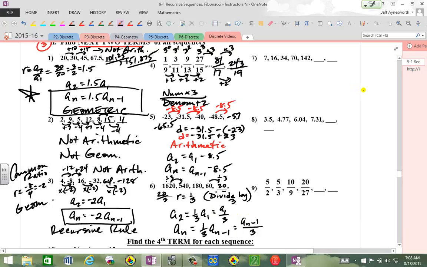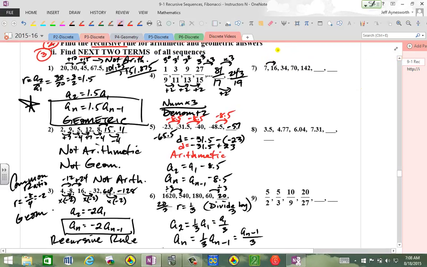All right, number 7. I'm going to think addition first, so I'm going to see if it's arithmetic. So here I add 9, and here I add 18. So it's not as simple as that, so there's no common difference, so I'm going to try something else. I'm going to try a little bit of multiplication here.